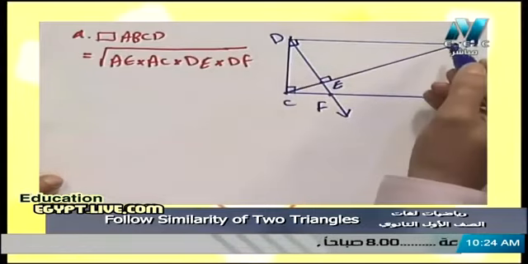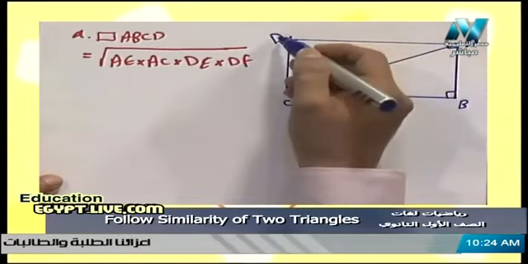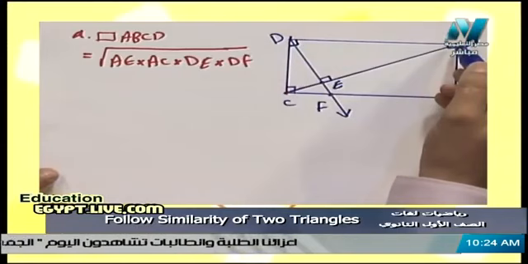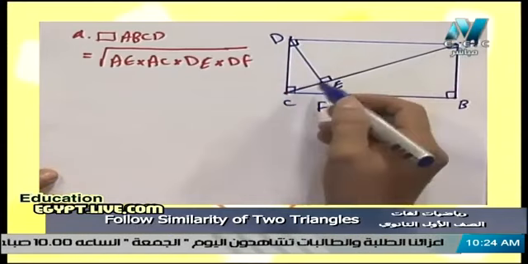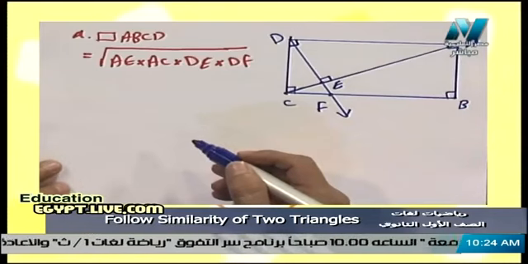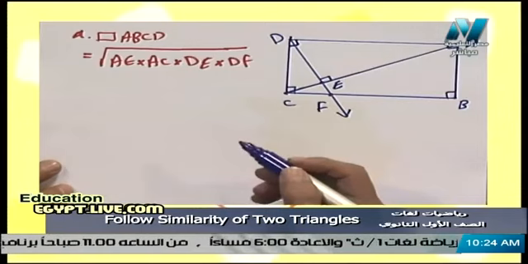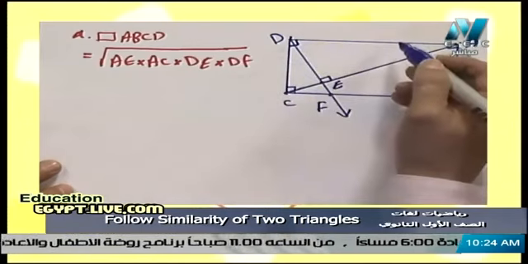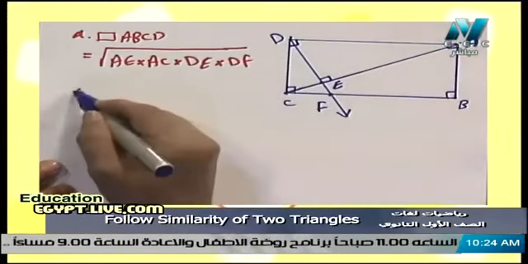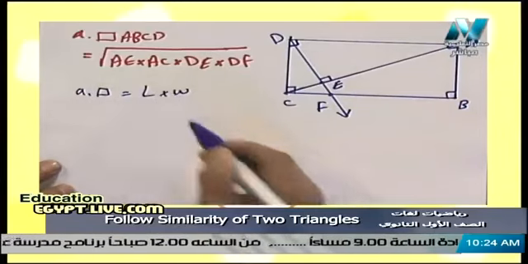So we can say that AD power 2 here is AE multiplied by AC. Someone may wonder why we say that. We know that the area of a rectangle equals length multiplied by width.